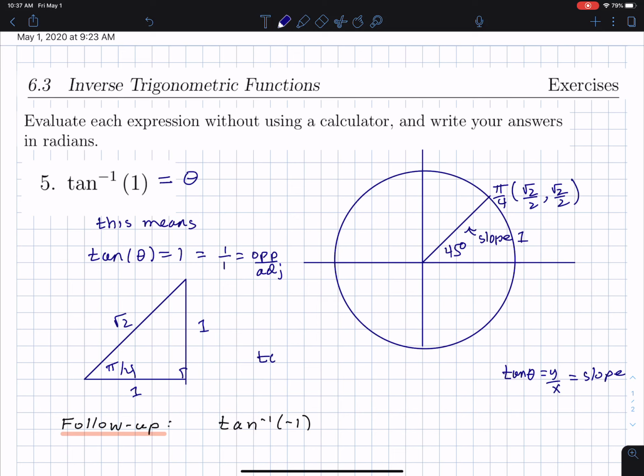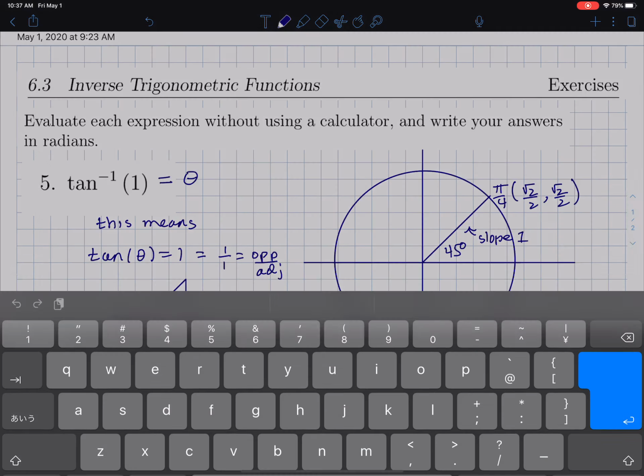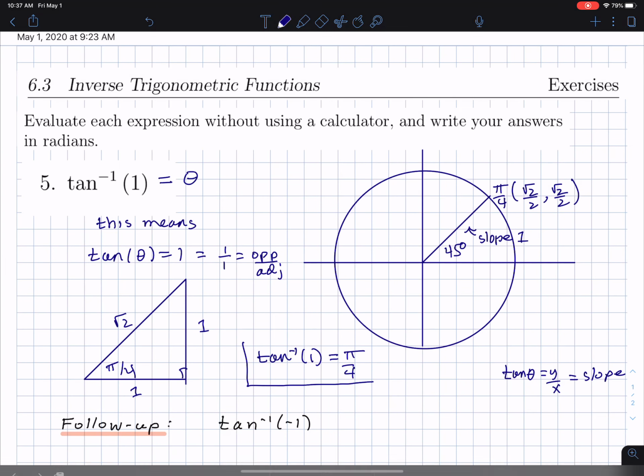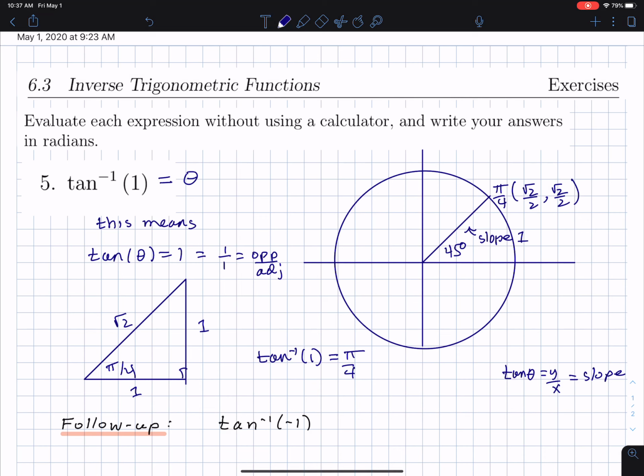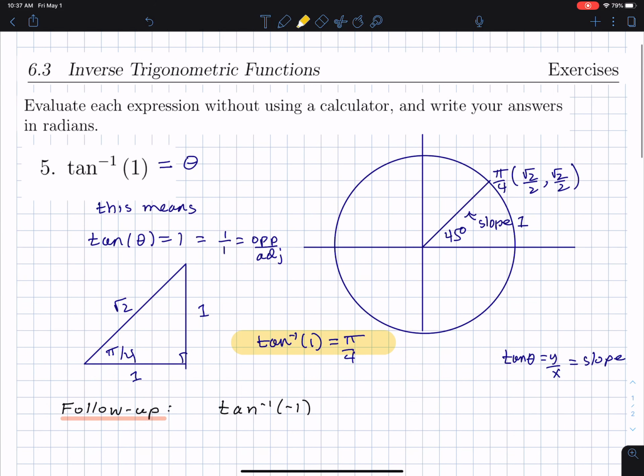And so finally, both ways tell us that we have this answer here. And that's our answer. A lot of people just memorize tangent pi over 4 is 1.